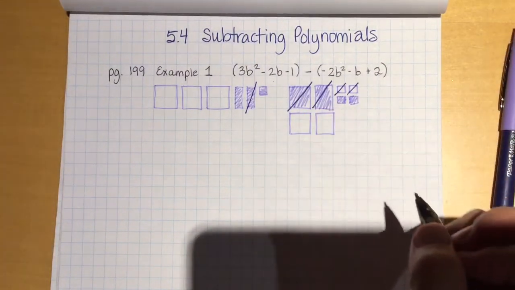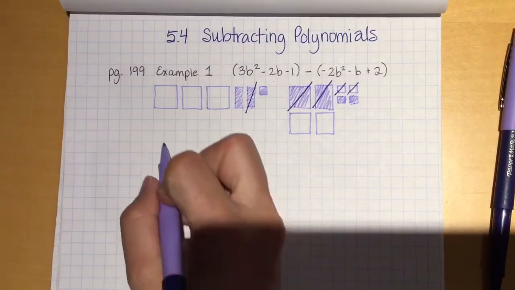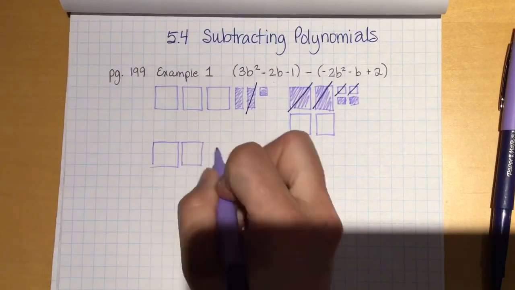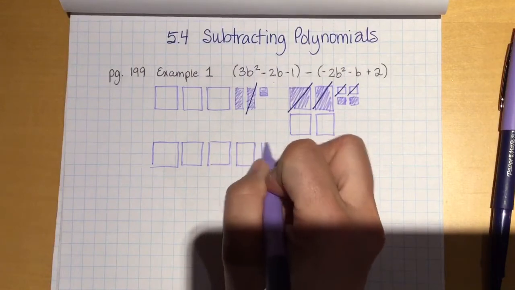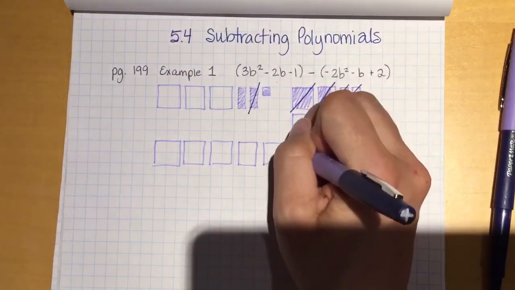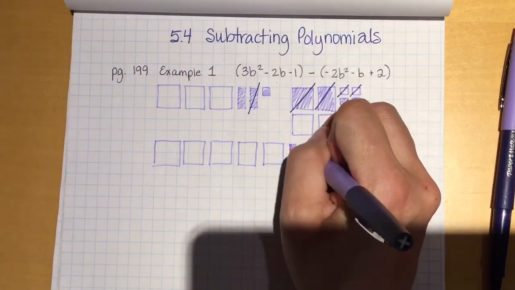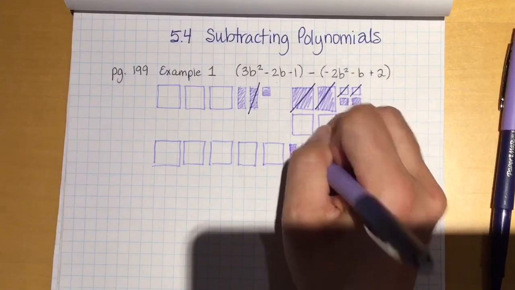Well, let's collect our like terms so we can see it all together. So we have 1, 2, 3, 4, 5, and then I have a skinny rectangle, and then I have 1, 2, 3 small squares.